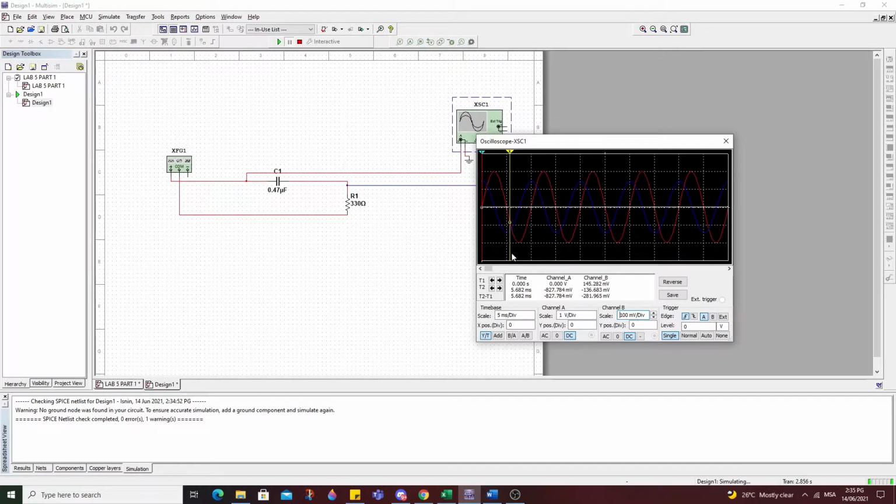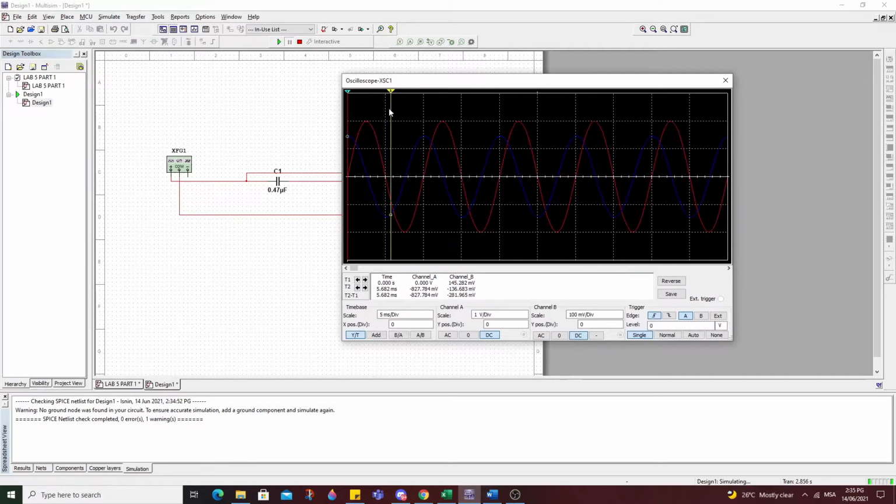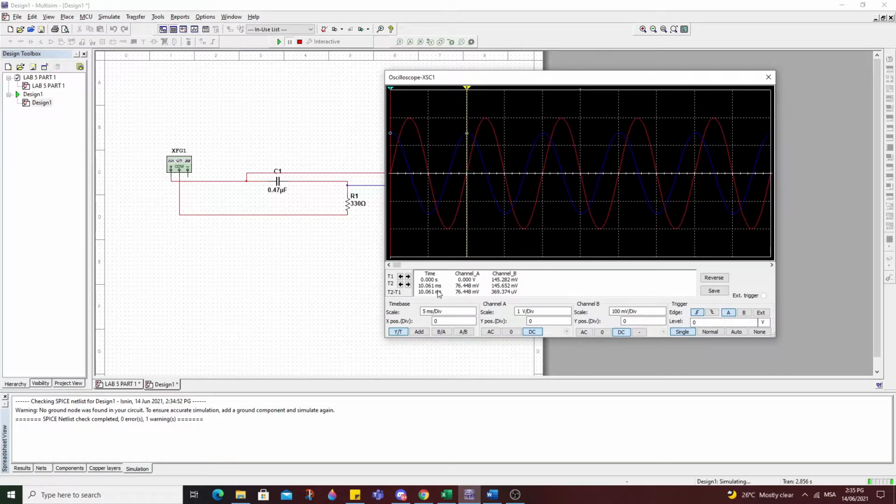This is the second cursor, which reads on the T2. So double click on the blue waveform. We need to check the highest peak of the waveform. So we get the highest peak of the blue waveform, which is our V out.